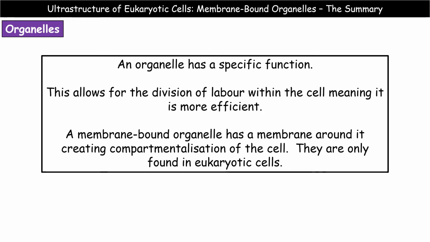Hence compartmentalisation: we're putting things into little compartments. And what we actually find is that these membrane-bound organelles are only found in eukaryotic cells. So we previously referred to just the nucleus, but more generally, membrane-bound organelles are only found in eukaryotic cells.